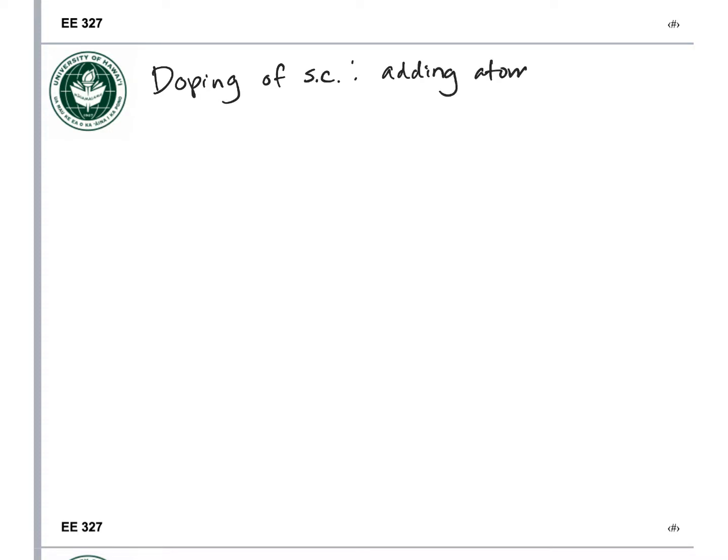So we're going to be adding atoms that have either more or less valence electrons. So add atoms to a semiconductor that have more or less valence electrons than our semiconductor material in order to adjust that concentration of electrons or holes.